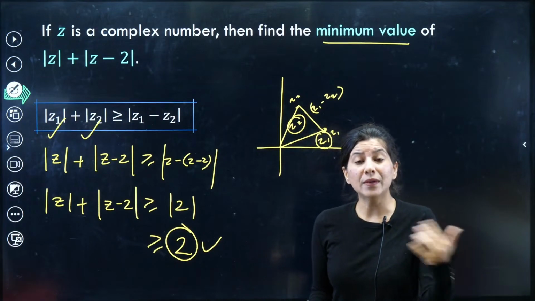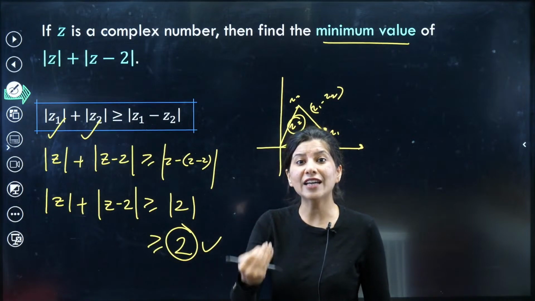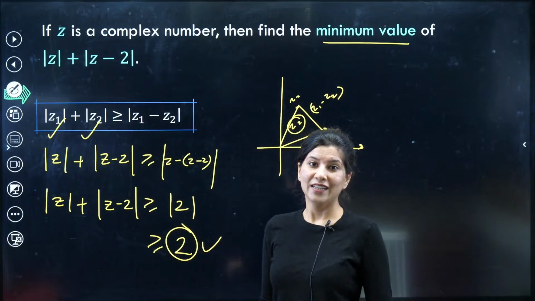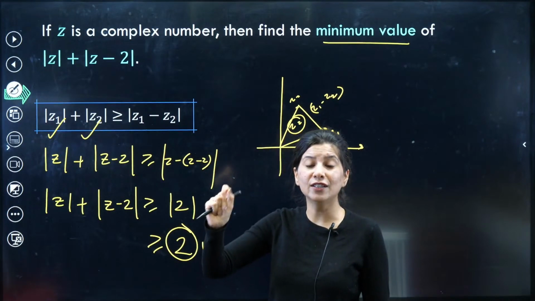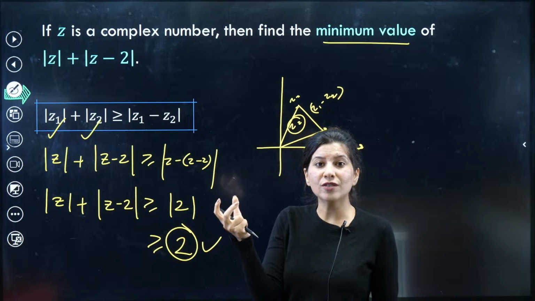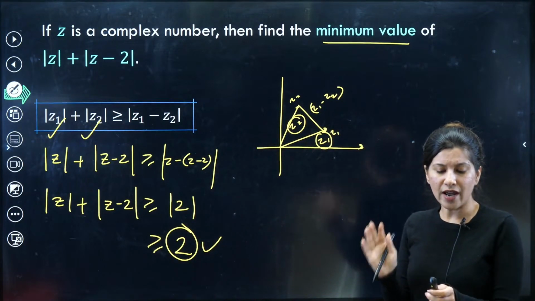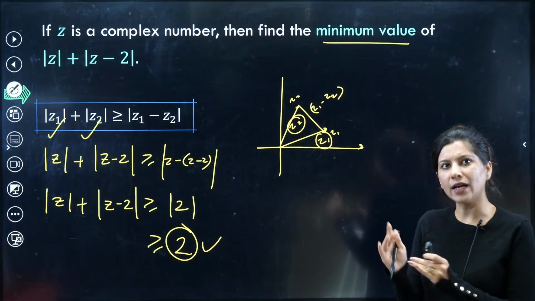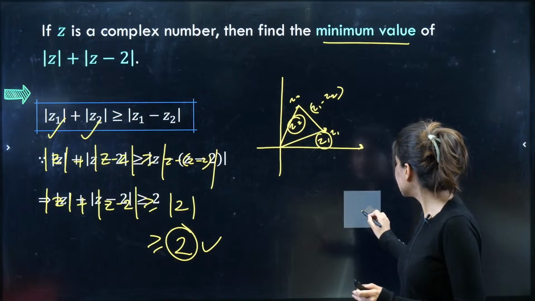But when you apply it, then you realize that it is actually making your life easier. So can you see that the triangle inequality is designed to make the question very, very easy, a two-step question. So you just have to understand it nicely and apply it nicely. Okay? All right. Yes.